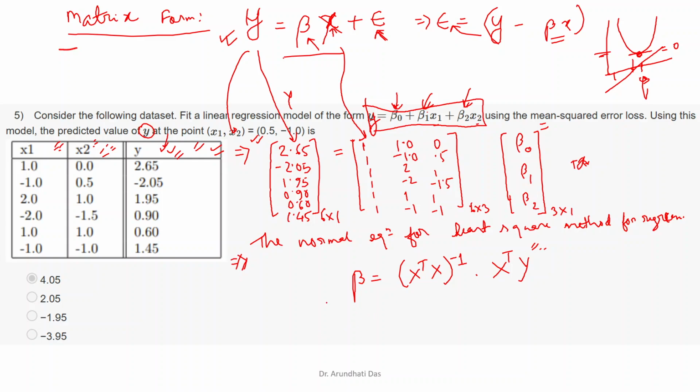Okay, so we'll proceed with this calculation right now. For this particular question, the x matrix is given and the y matrix is given, so that data is available with us, and I can proceed with the calculation of these beta values. For that, we first need to calculate this part.